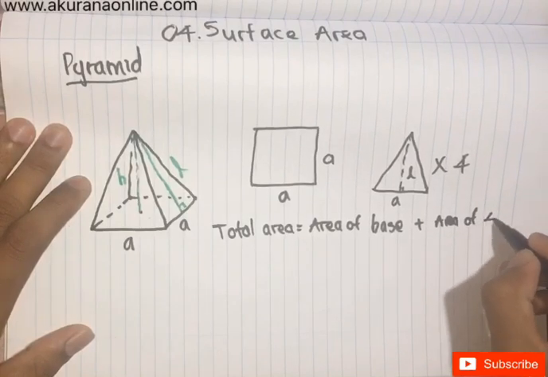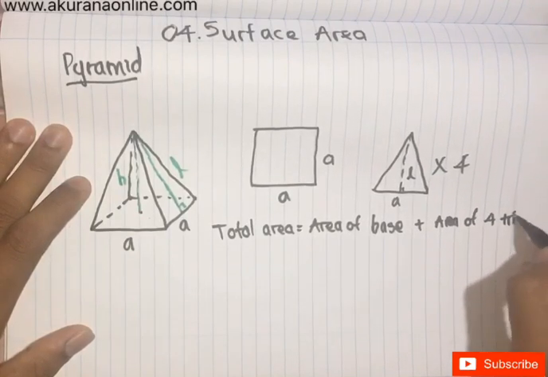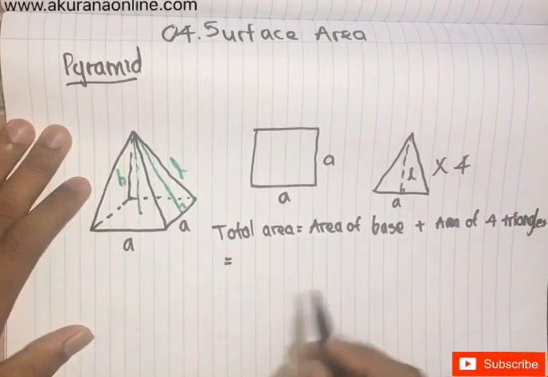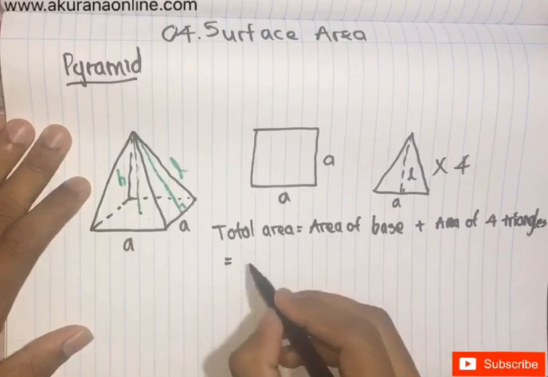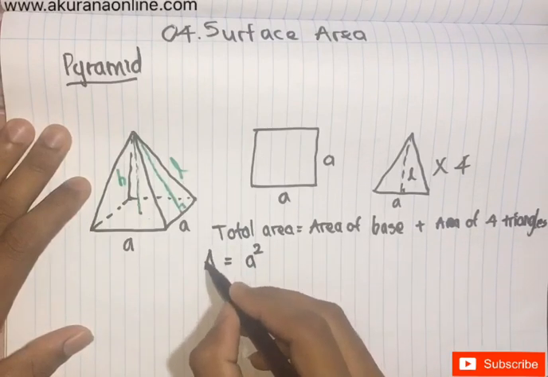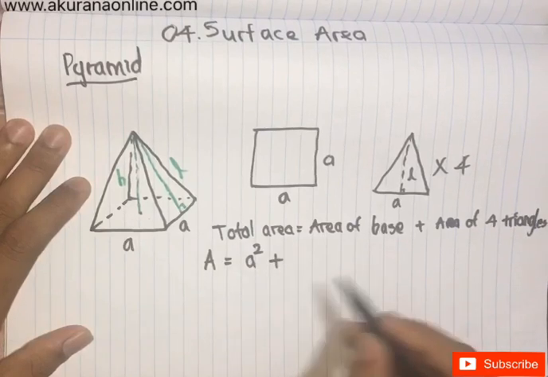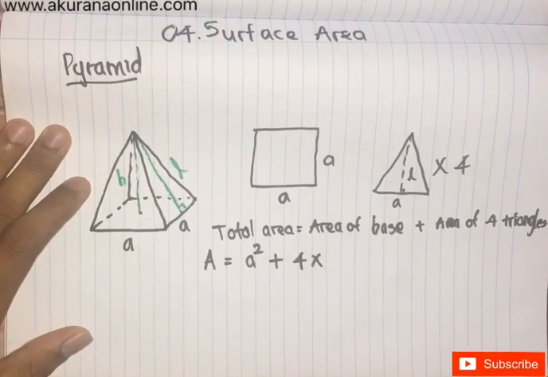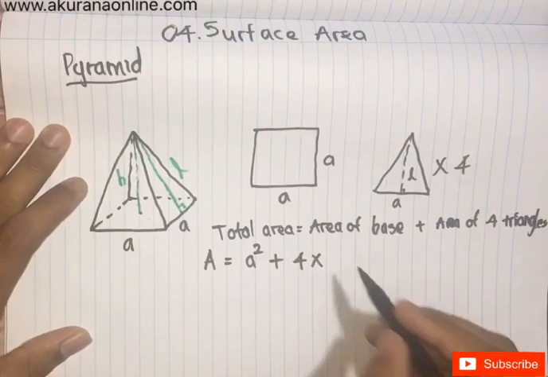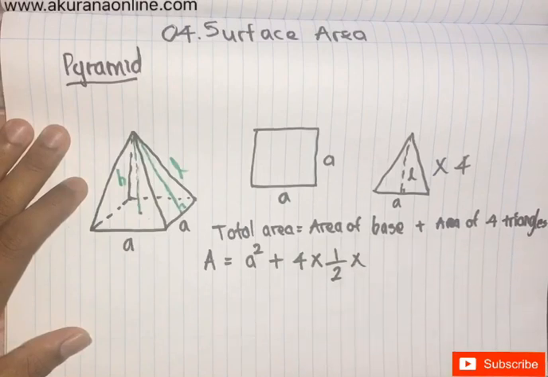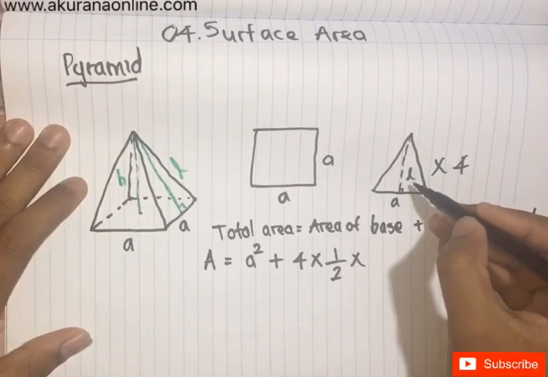Now the area of the base, you know, will be A squared. Total area equals A squared plus the area of four triangles, therefore 4 multiplied by, how do you find the area of a triangle? Half into base into perpendicular height, right? The perpendicular height is L.